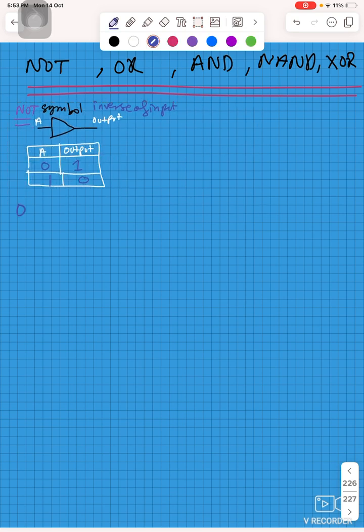Then we have the OR gate. This is what the symbol looks like, don't mind my symbol.